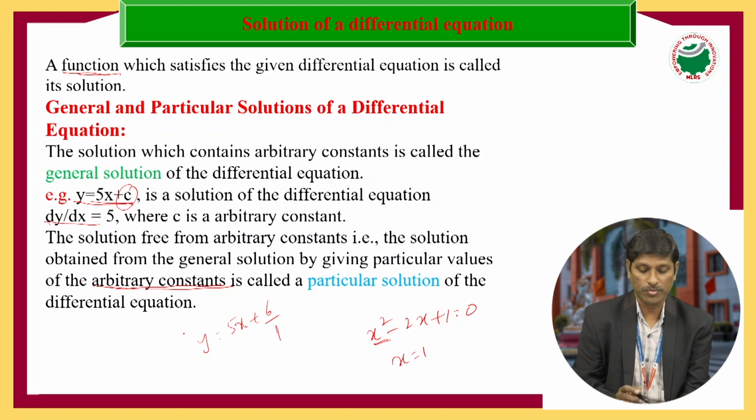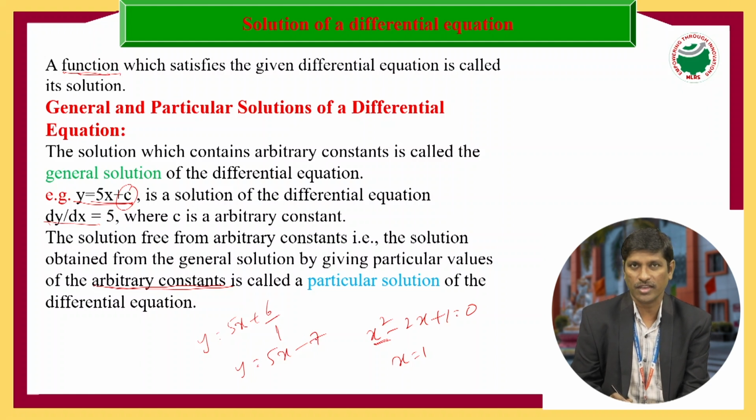So here, in place of c, someone may give y equal to 5x minus 7. I chose some value, and like that you can also choose some value. But the thing is, a particular solution means it doesn't contain any arbitrary constant, as well as it's a fixed one. We can't change anything in that. Once you write it as some 7, can we modify anything in that again? No. So that is a particular solution.